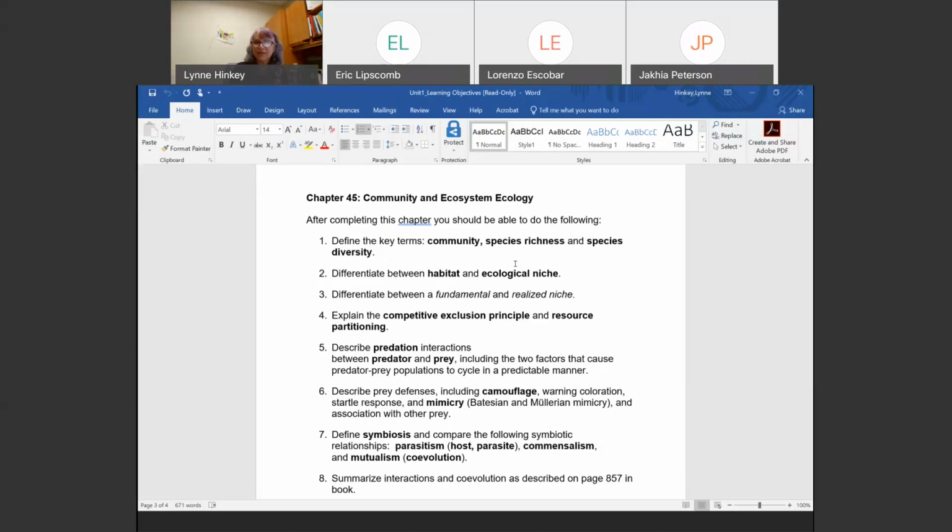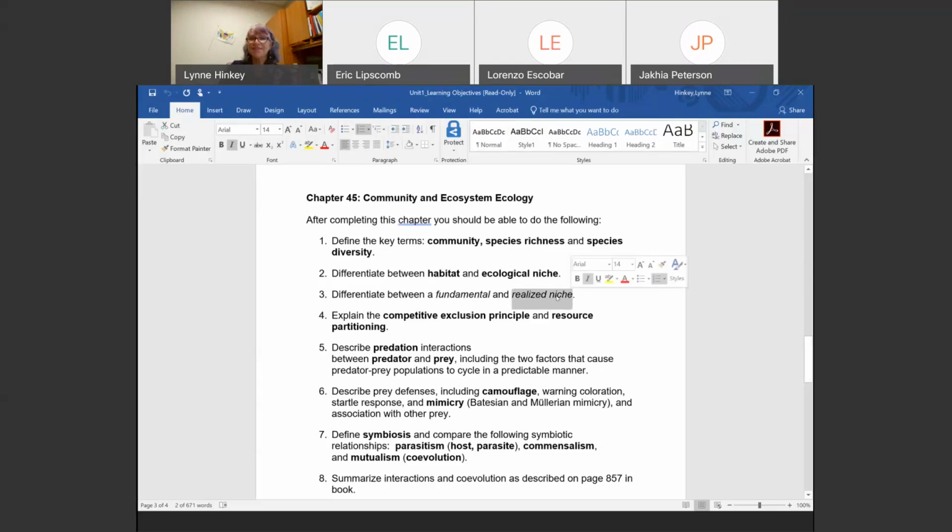The competitive exclusion principle relates to the niche because we can have the fundamental niche and the realized niche. So the fundamental niche: what are all the roles? What's everything that this organism could possibly do in this habitat? And the realized niche is what it actually does.